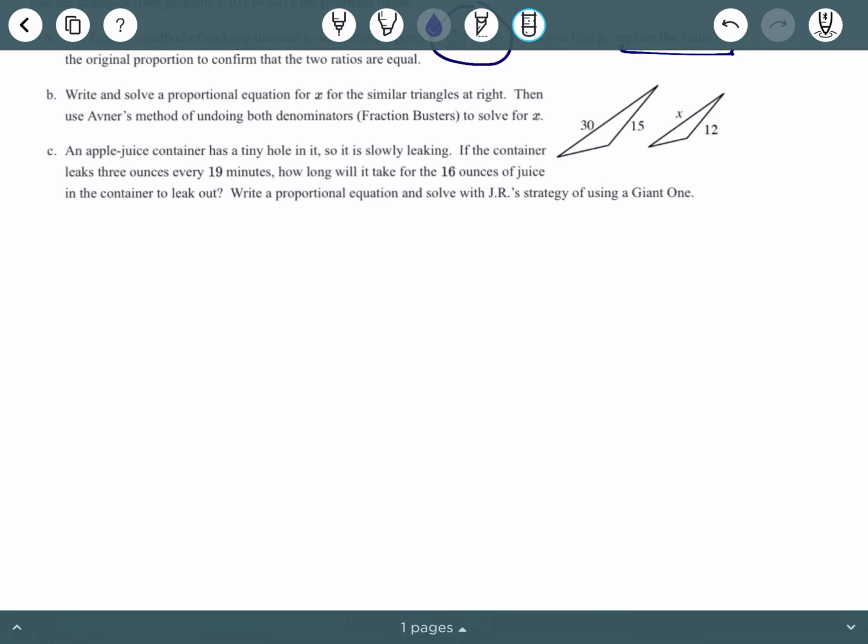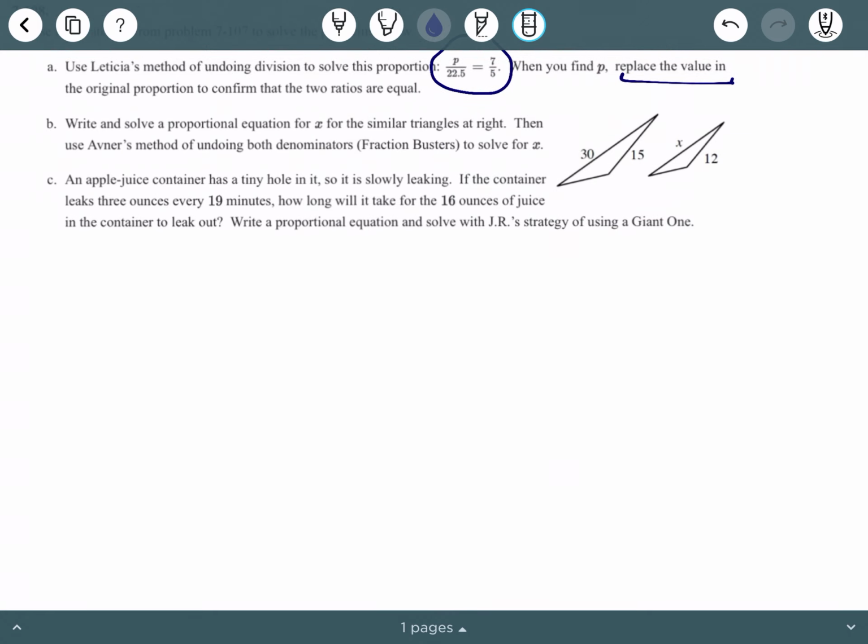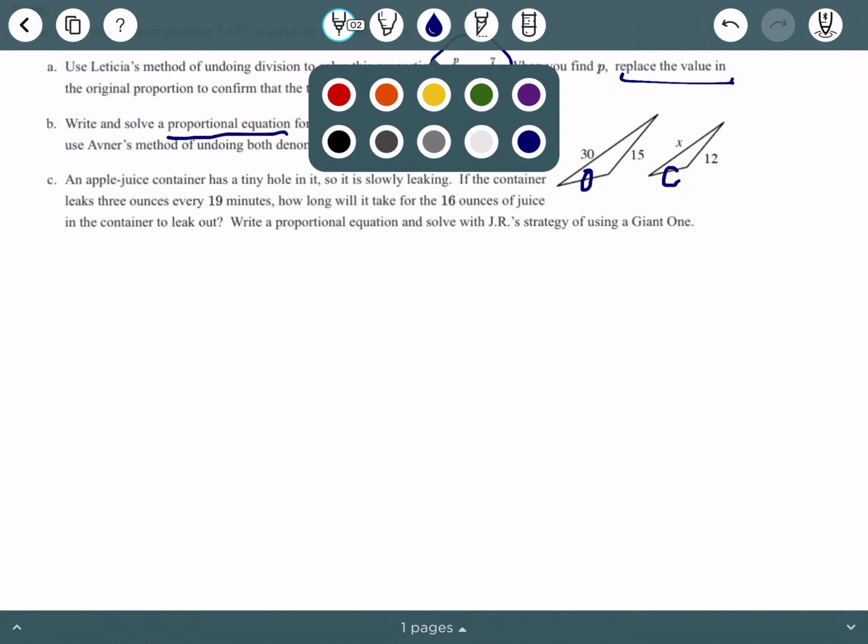So part B says, write and solve a proportional equation for x for the similar triangles at right, then use Avner's method of undoing both denominators to solve for x. Alright, first things first, we need to come up with our proportional equation. So when I do this, I'm looking at copy over original. So let's call this the original, let's call this the copy. Now I need to find some corresponding sides.